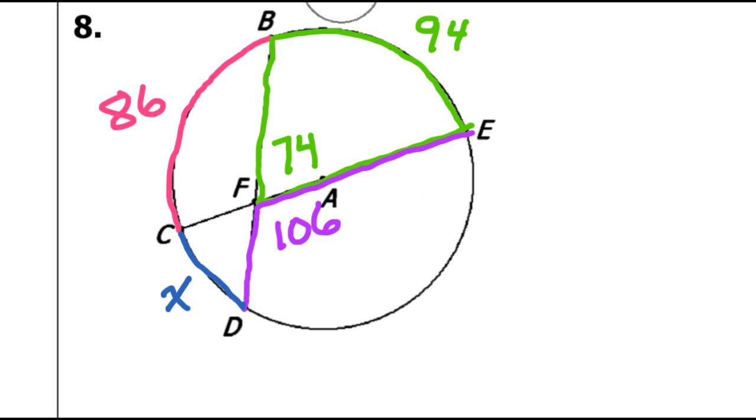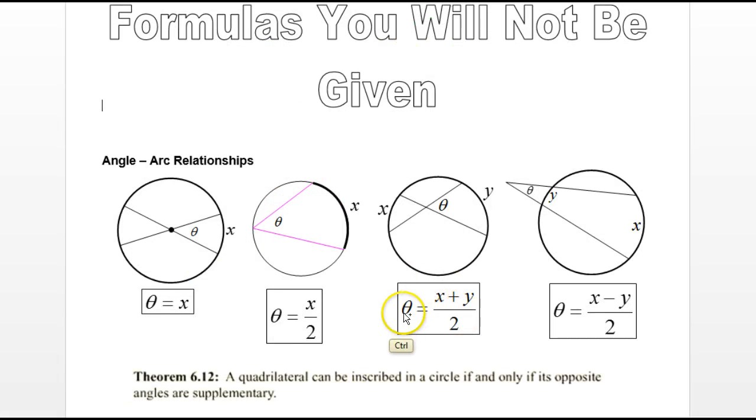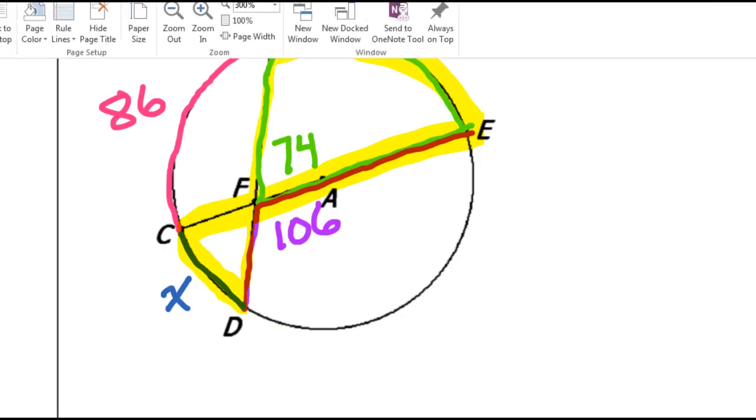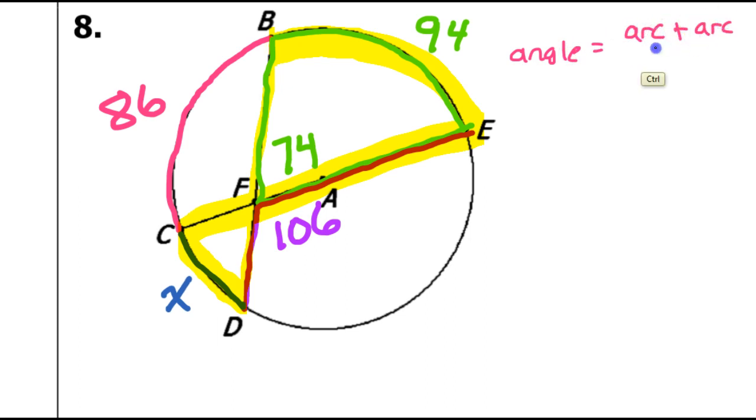Okay, so now, getting back to my hourglass shape, now I can do the formula. Angle equals arc plus arc divided by 2. Always start off by writing the formula in words.